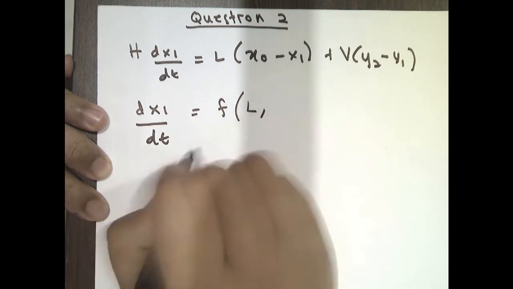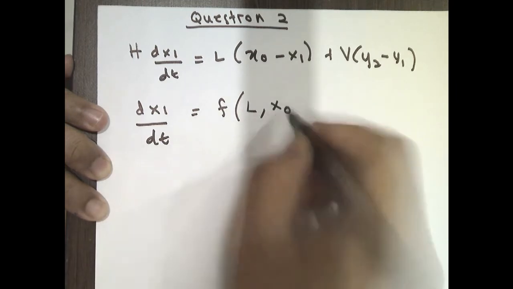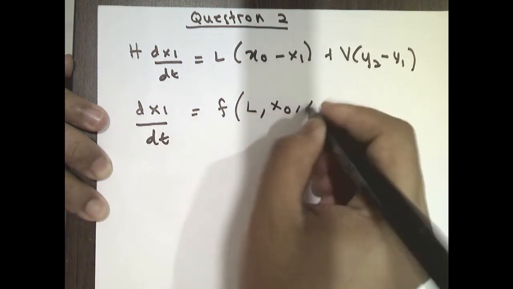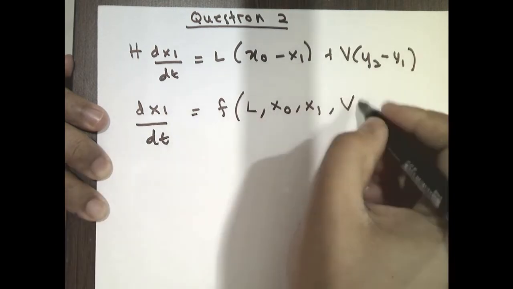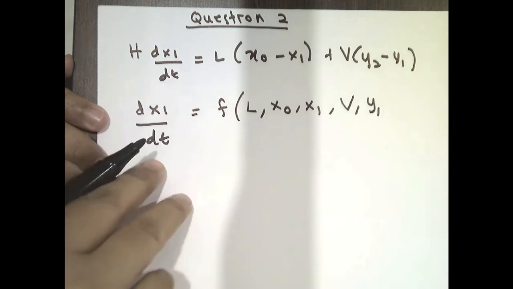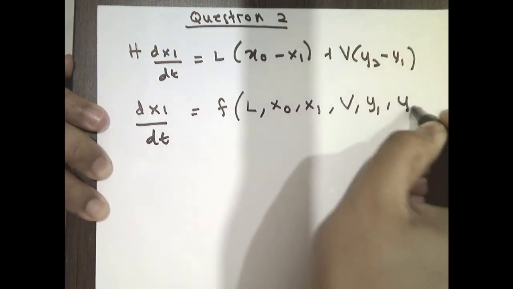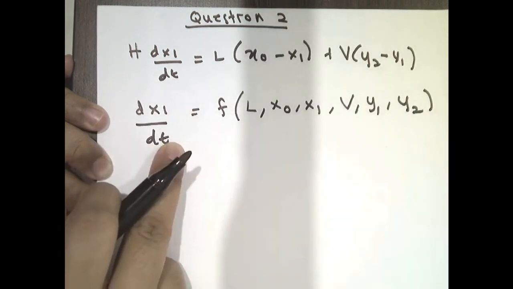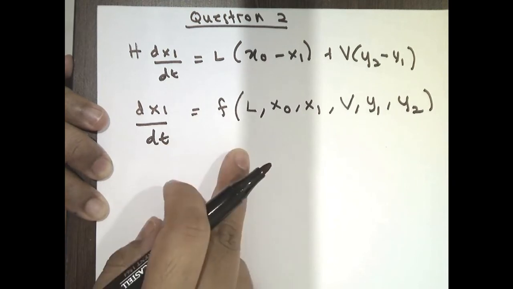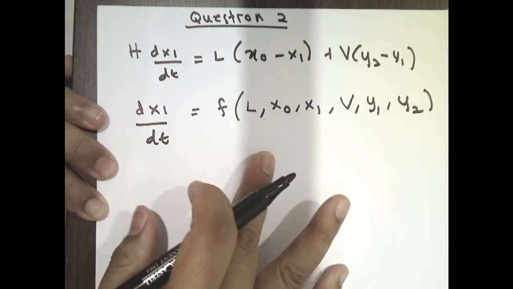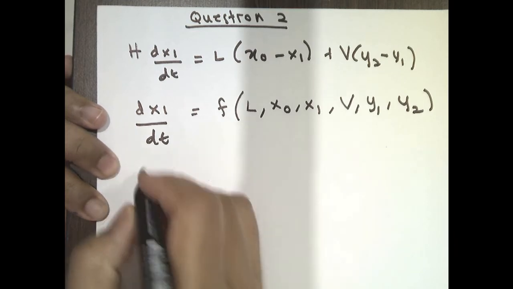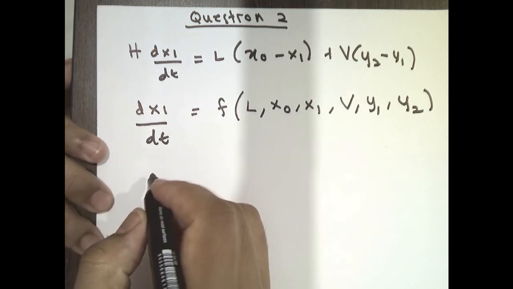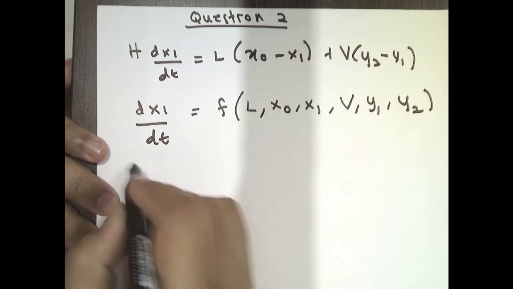We start with L. And then what else? We have X naught, X1, V, Y1, and also Y2. So list all the parameter. And then what we need to do is the Taylor series expansion, right?